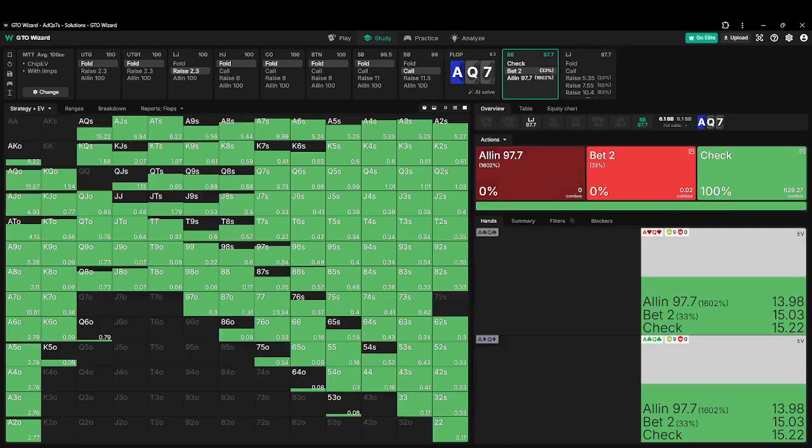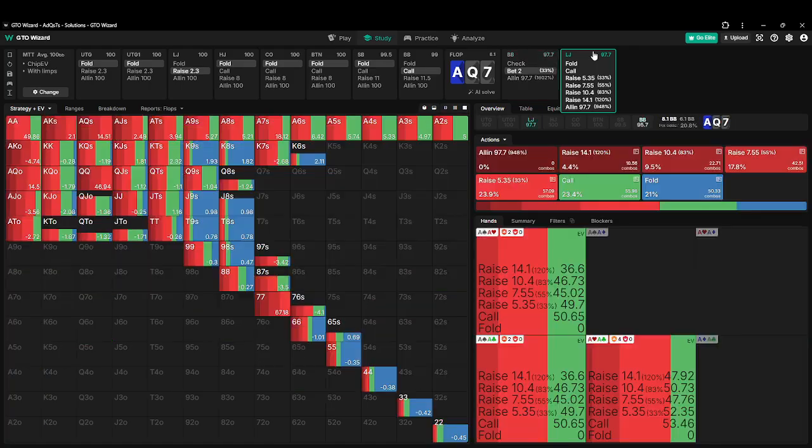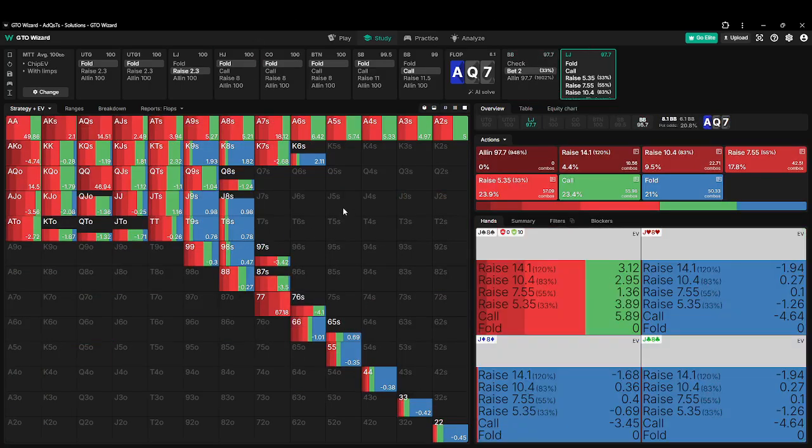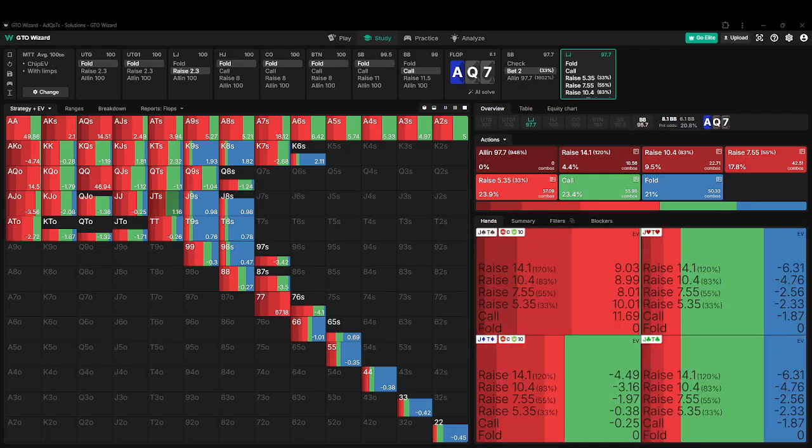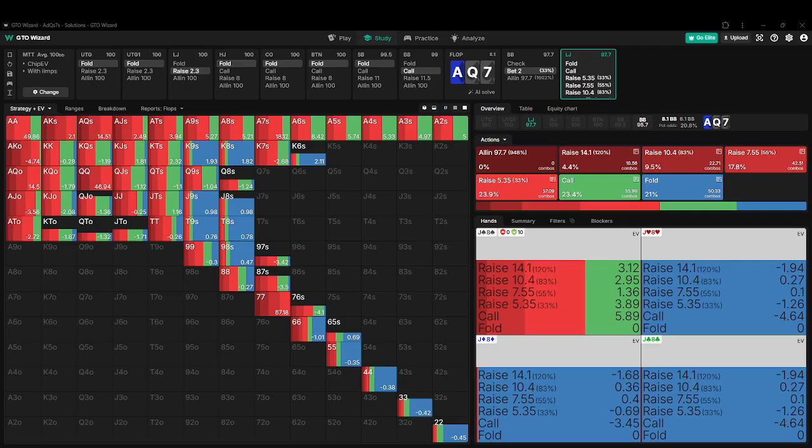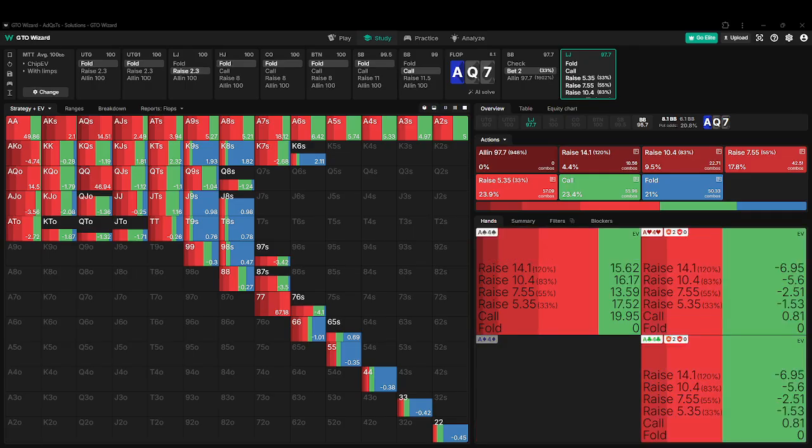So that explains a little bit why in this spot, if they do donk 33% pot, we're just getting really out of line. We're not even having all that much of a calling range. If you look at this, there aren't really any hands here that are calling more often than you're going for the various raise sizes.